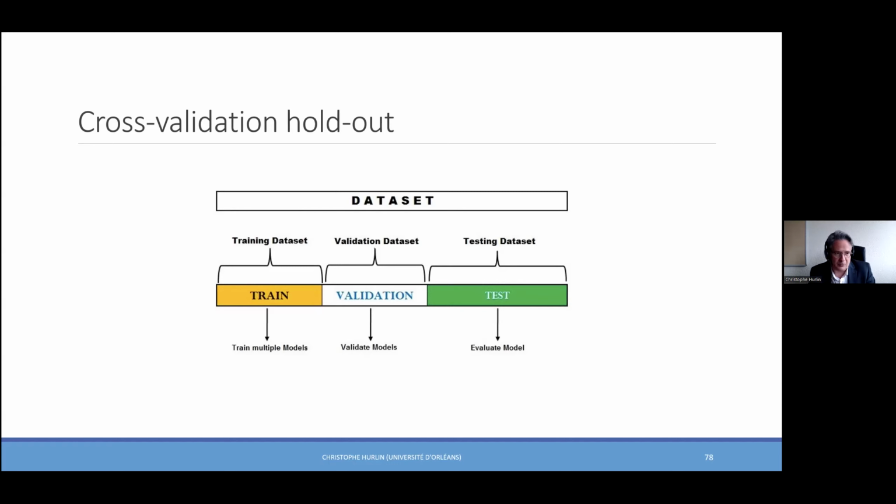Okay, very good question. The parameters will be determined by the machine, by the algorithm. The hyperparameters will be determined by a cross-validation method that you will propose to the algorithm. For instance, on scikit-learn, if you use a package of Python, you will have some values of the hyperparameters that you have to choose.